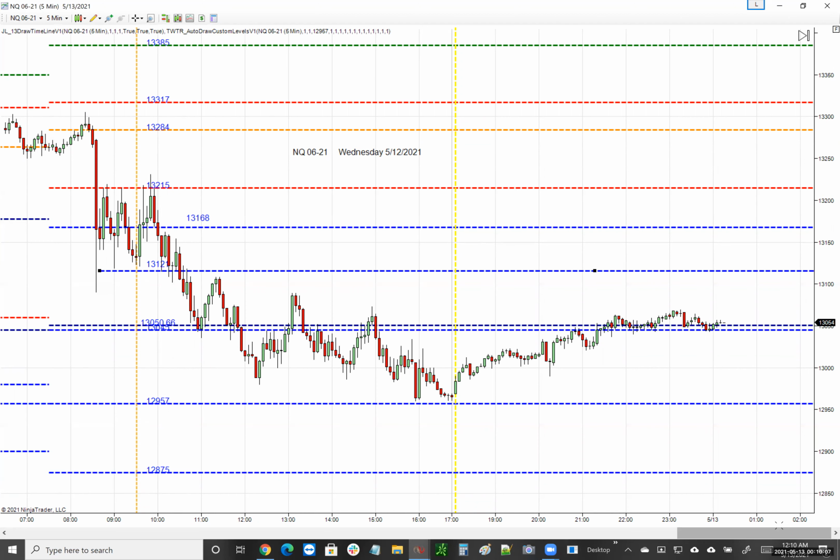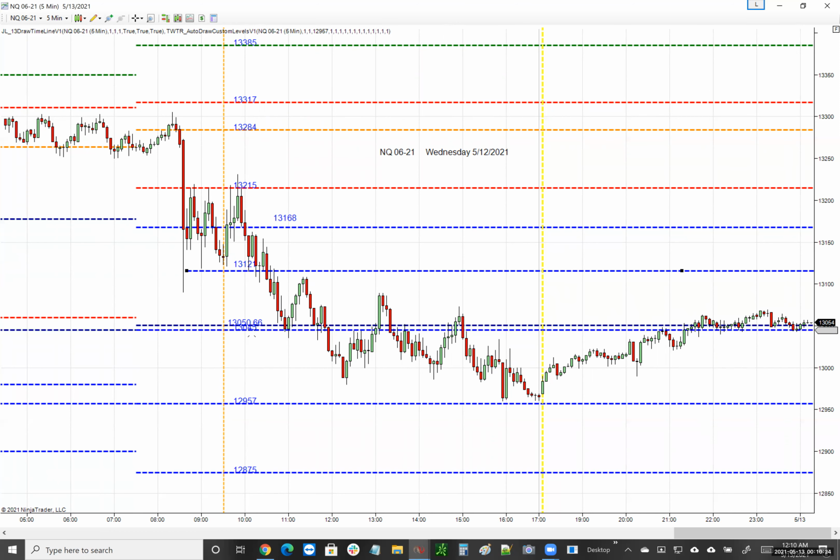But then 168 came, then 121 came, then 13,050, the combination of 13,050 and 13,045, that was a key area here today. And then finally 957.